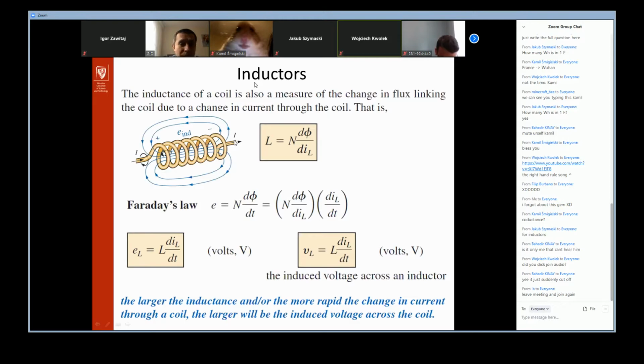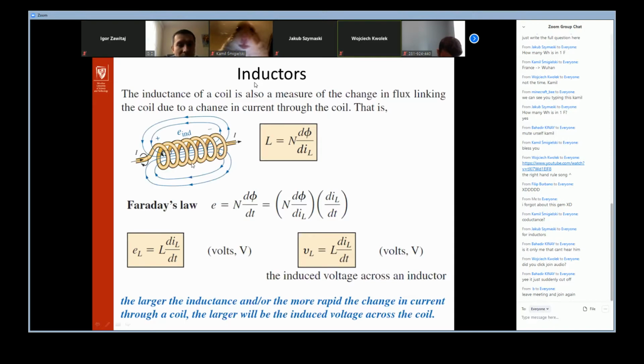What will be the direction of it? It depends on the current direction and the magnetic flux line directions. We know that we will induce magnetic flux lines or a magnetic field opposite to the magnetic flux changes according to the current flow.